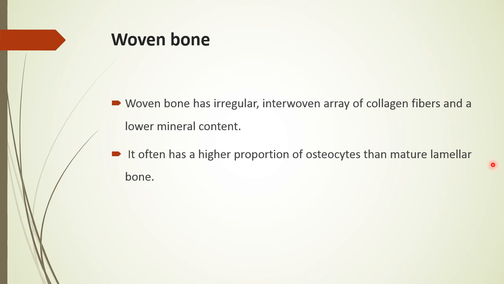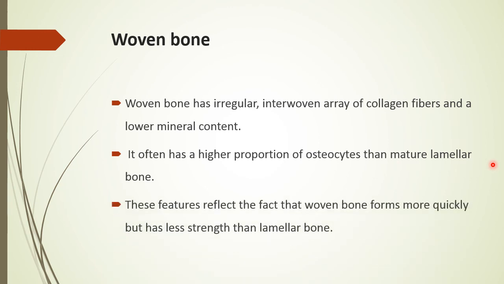That means it has more cells and randomly distributed fibers, with a low mineral content. These features reflect the fact that woven bone forms more quickly, but it has less strength than lamellar bone, less durability and less strength.